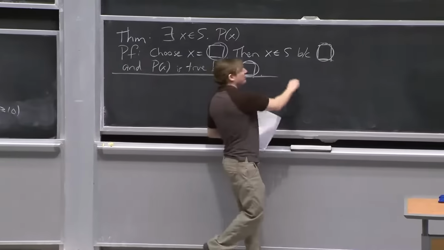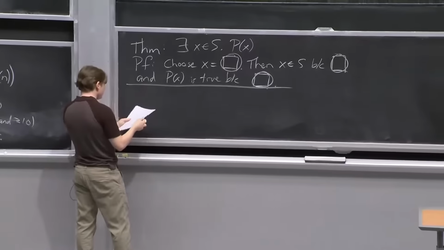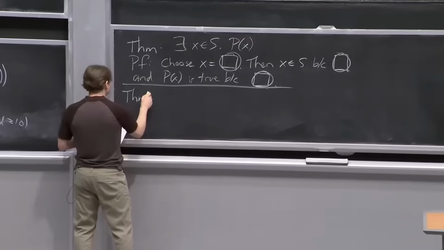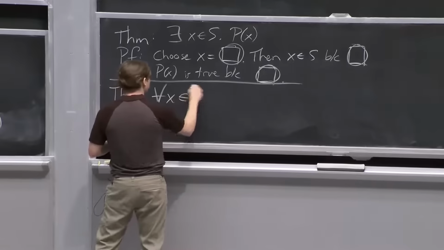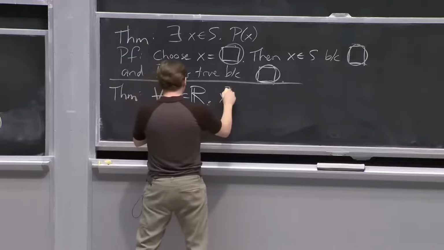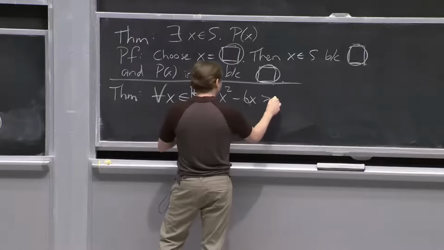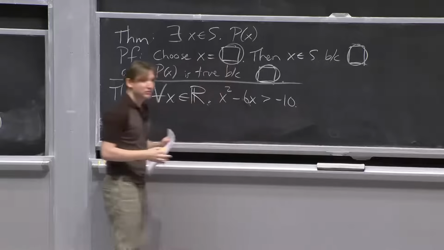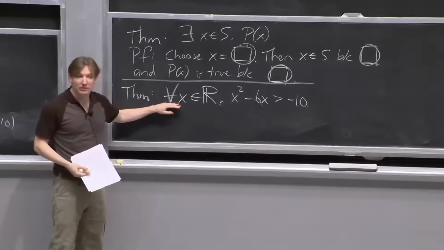Similarly, what if we're asked to prove a for all theorem? For all numbers x in the reals, so for all real numbers x, x squared minus 6x is greater than negative 10. So this theorem is about a for all, not an exists.